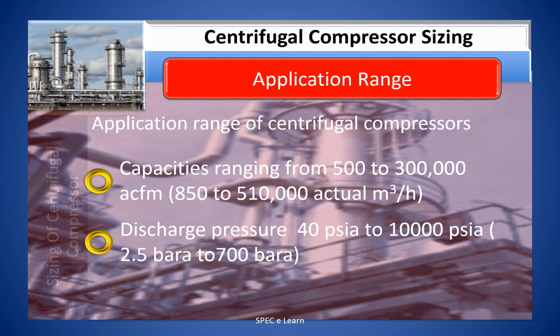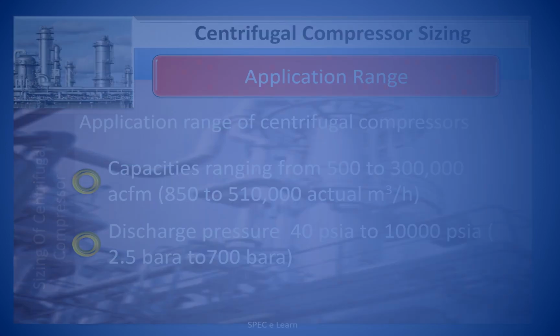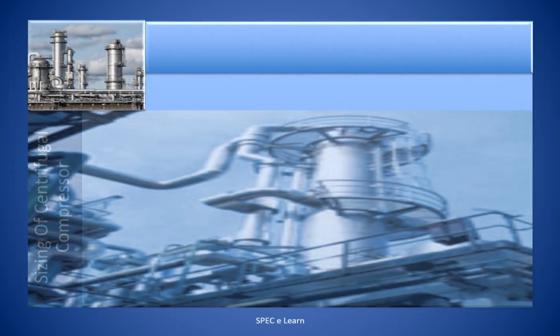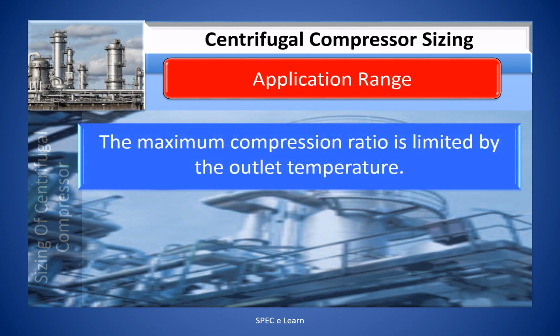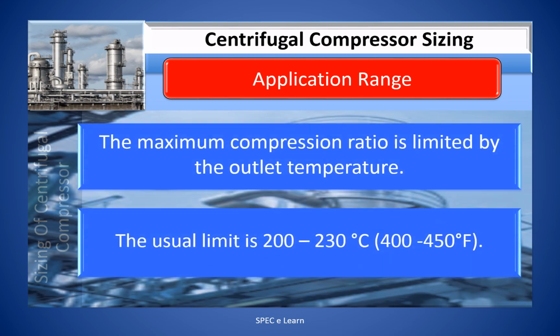Discharge pressure from 40 psi to 10,000 psi, which equals 2.5 bar absolute to 700 bar absolute. The maximum compression ratio is limited by the outlet temperature. The usual limit of temperature is 200 to 230 degrees centigrade.